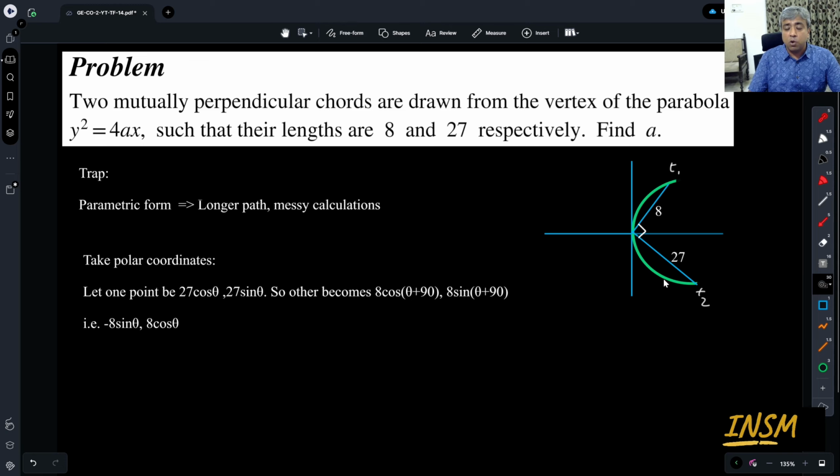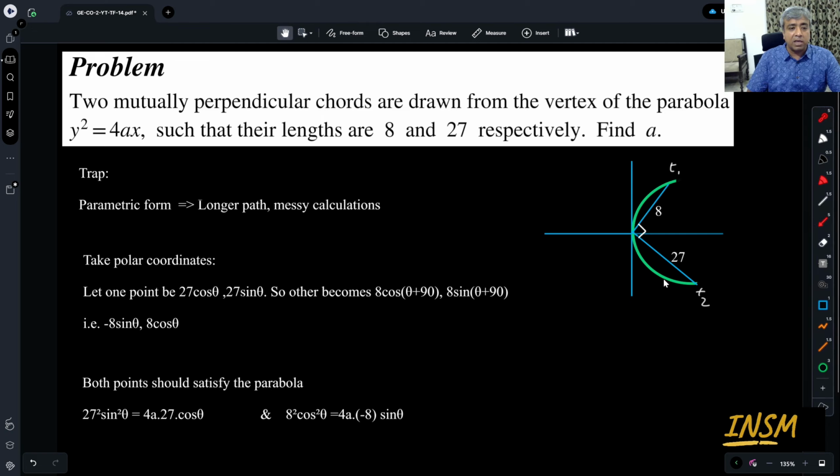Now we don't need to do anything else. Just put these two points on the parabola, because they should satisfy the given parabola. We put the first point: 27 sin theta in y, so 27 square sin square theta equals 4a, and in the place of x we put 27 cos theta.